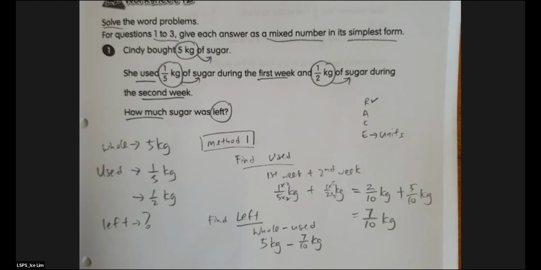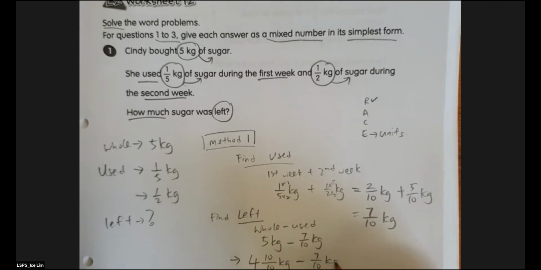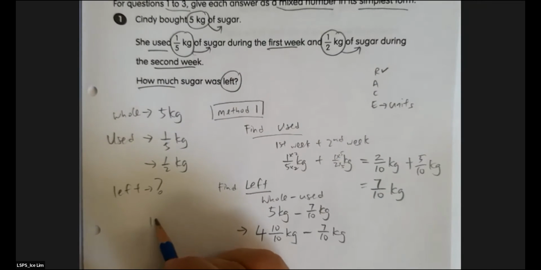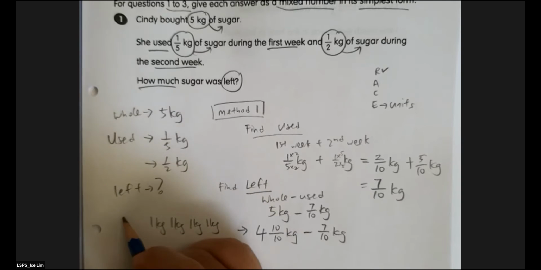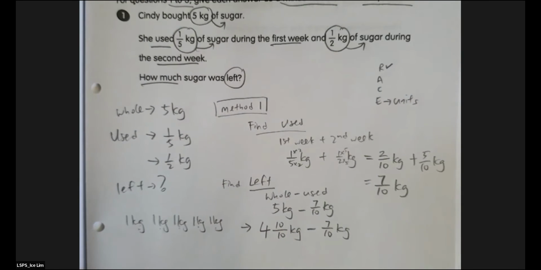To make it simpler, I won't convert the whole thing to improper fraction. I'll just take part of the five wholes because I've got 5 kilograms. So I've got 1 kilogram, 1 kilogram, 1 kilogram, 1 kilogram, 1 kilogram. 1, 2, 3, 4, 5. 5 wholes of a kilogram.